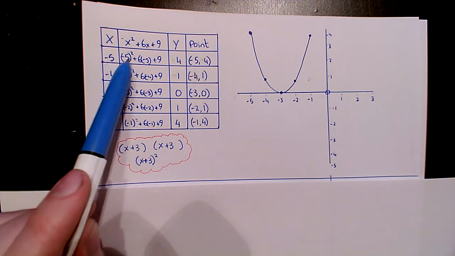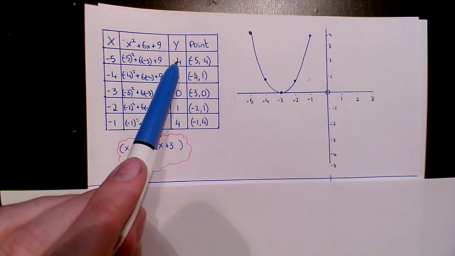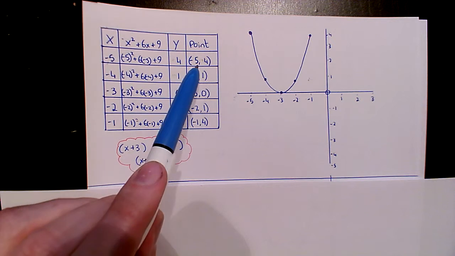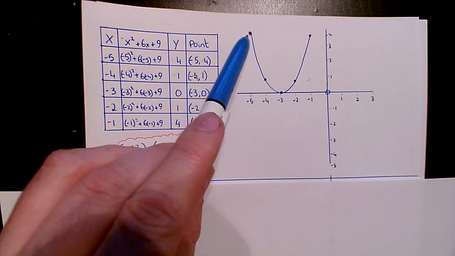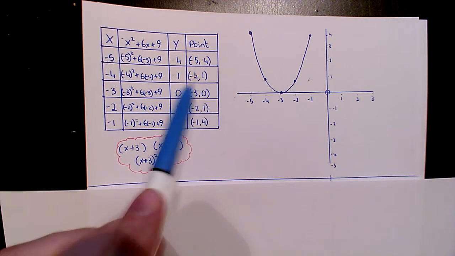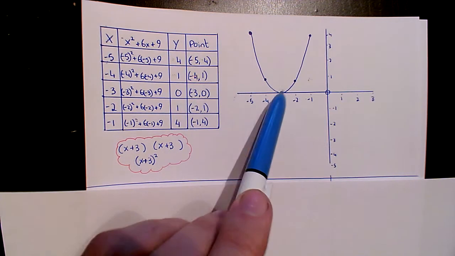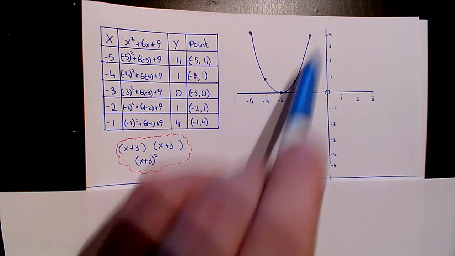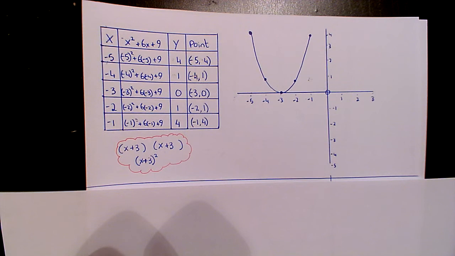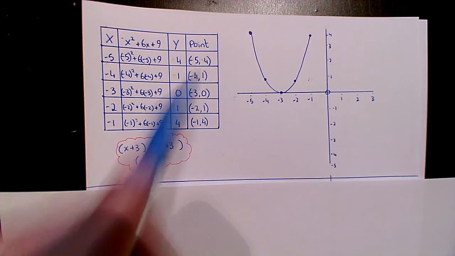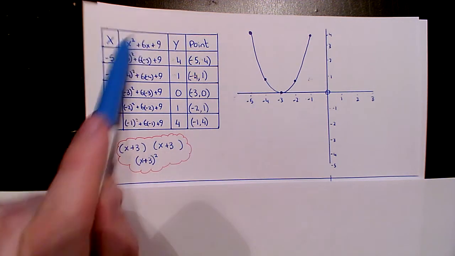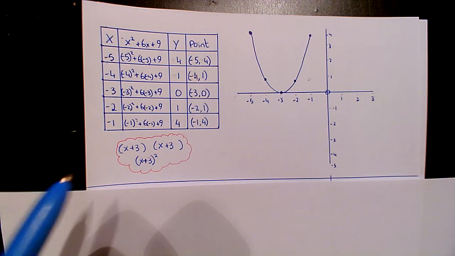So when I put in minus 5 for x, I work it out and it spits out 4 for y. So the point is minus 5, 4, and there it is. I do likewise for minus 4, it spits out 1, I get minus 4, 1, which is here, and so on, and so on. Hopefully that makes sense. So I can draw a curve from this equation.